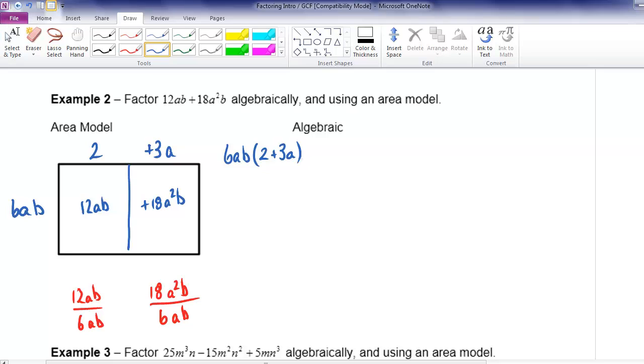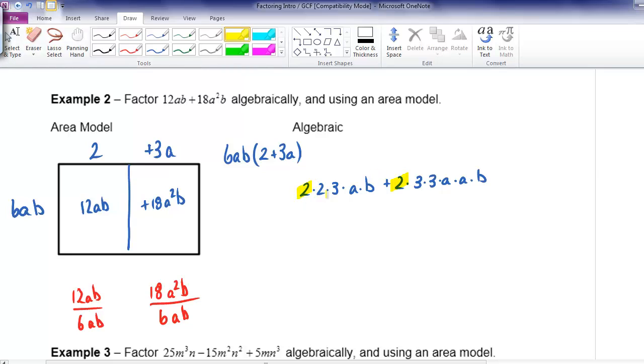Okay, let's look at the same question algebraically. Algebraically, we break the whole into all its individual little pieces. So 12 is 2 times 2 times 3 times A times B, plus 18 is 2 times 3 times 3 times A times A times B. We identify what they have in common.